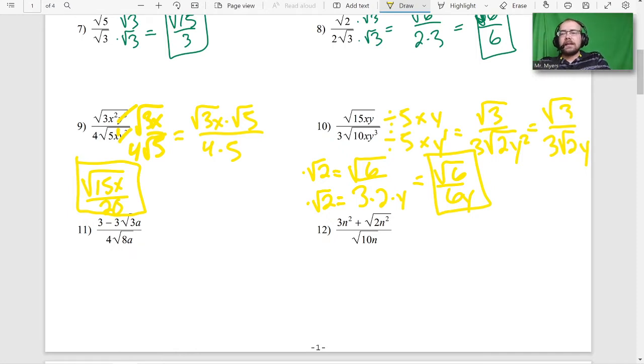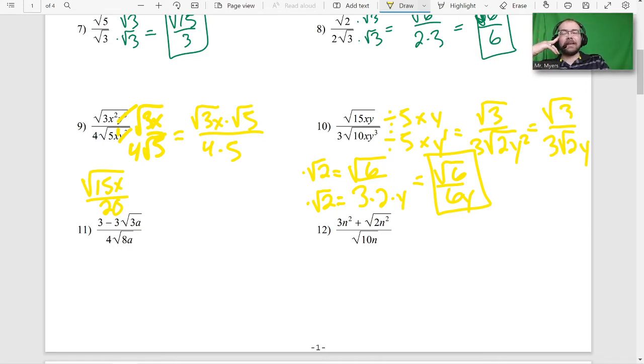All right, next one. So we have a few things here. We want to see if we can simplify. Let me break out the eraser here. Okay, so that square root is over the a as well. Now, we're not going to be able to cancel out those a's, though, because on the top there's two things. It's 3 minus 3 square root of 3a.